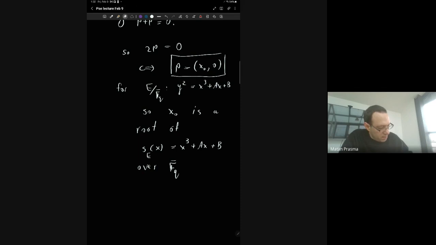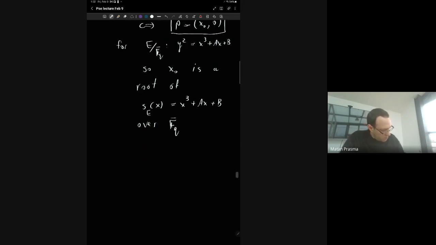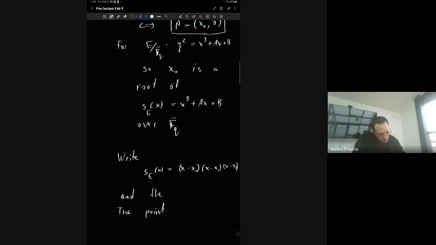Write S_E(x) equals (x minus x0)(x minus x1)(x minus x2), and then the points of order 2, this is denoted as E[2].